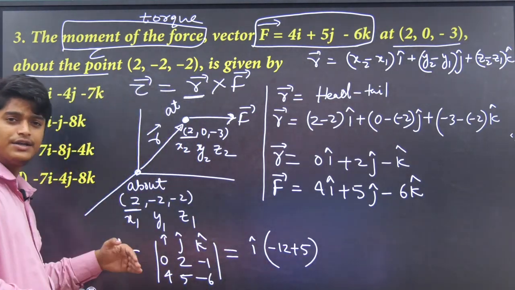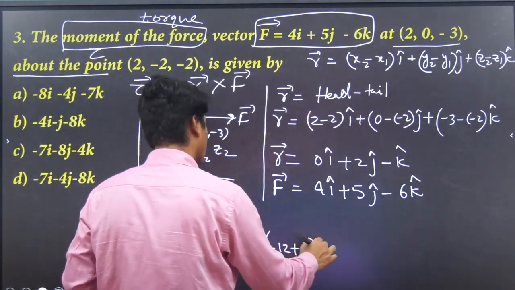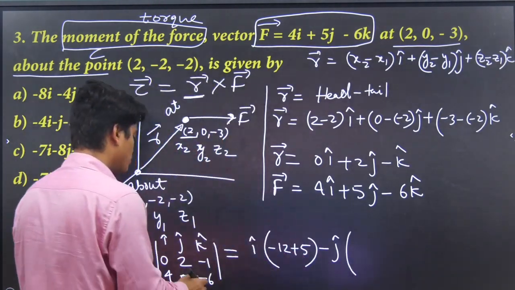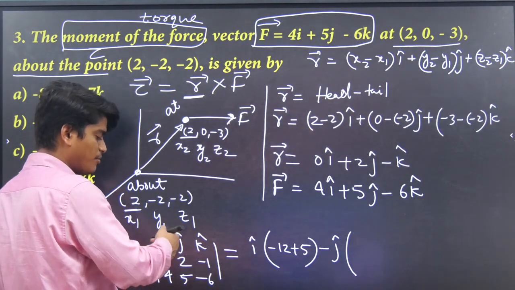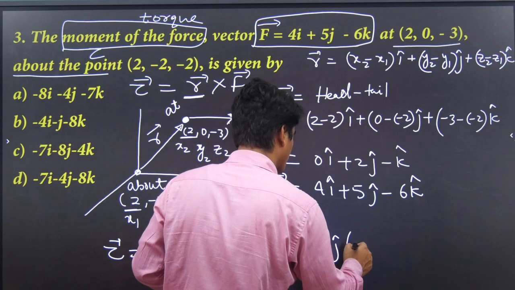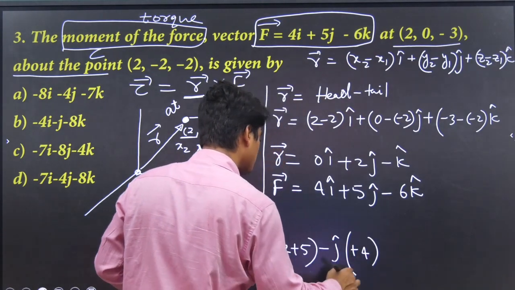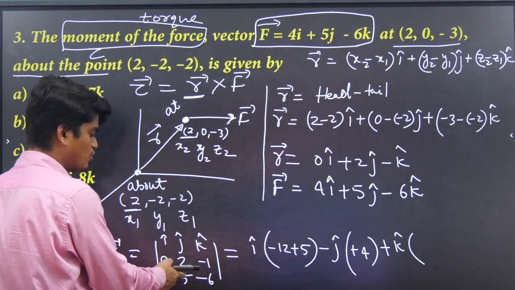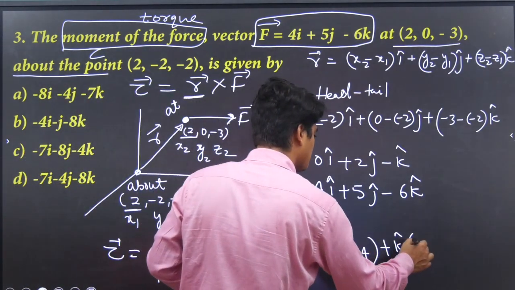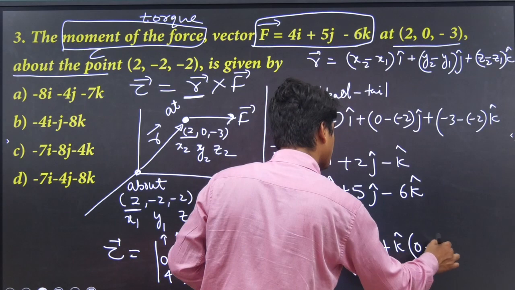I am writing directly, you do yourself. Now here minus j, if you will do then this and this will multiply, that is 0, and this multiplication will give minus 4, but again one minus will be there, so it will become plus 4. Then plus k cap, then here it is 0 and here it is minus 8. So I write 0 minus 8.